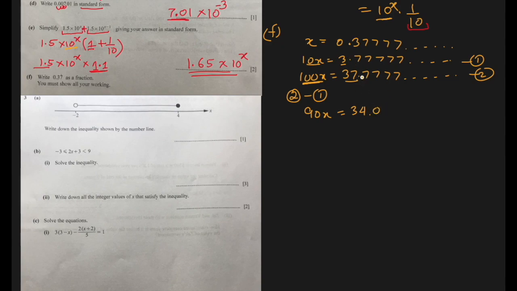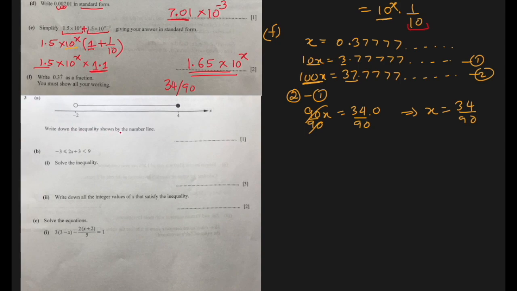That was the purpose of multiplying by 10 and 100. So divide both sides by 90. Finally, we got x is equal to 34 over 90, and that's what we are going to write here, 34 over 90.